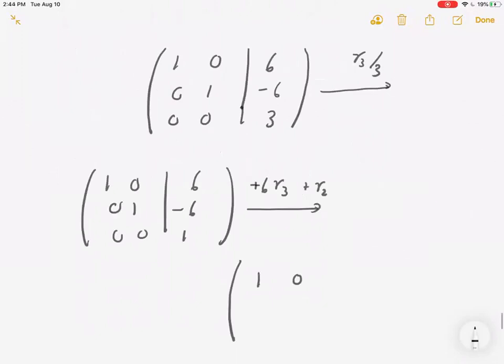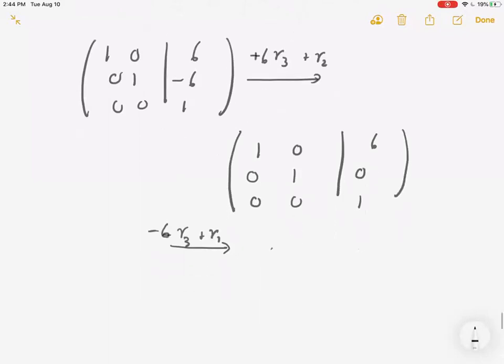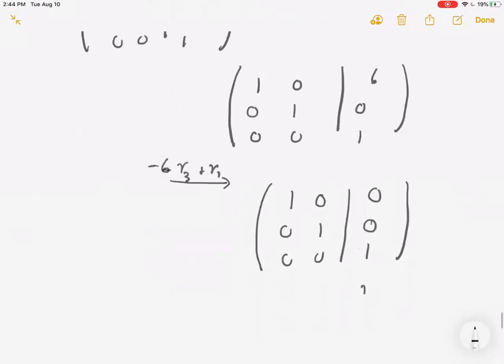Row 1 is not changed. Row 3 is not changed, but clearly row 2 gets changed. And then the last thing I want to do is take a copy of row 3, multiply it by -6, and add that result to row 1. And I've written the augmented matrix in reduced row echelon form.